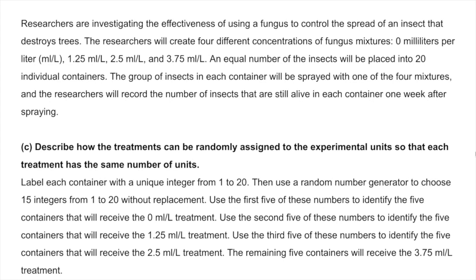The next 5 after that would be used to identify the 5 containers that will receive the 2.5 milliliters per liter treatment, and the remaining 5 that you haven't used yet will be used to identify the containers that will receive the 3.75 milliliters per liter treatment.